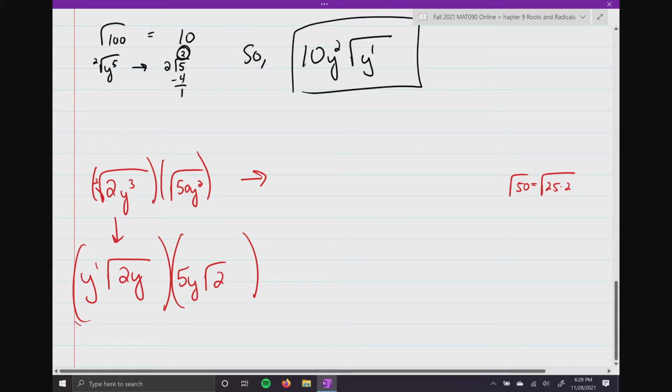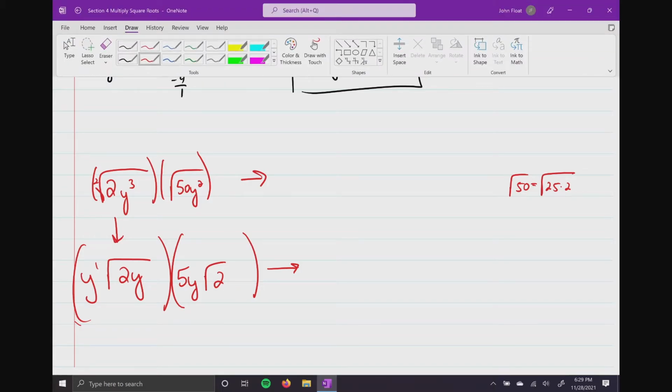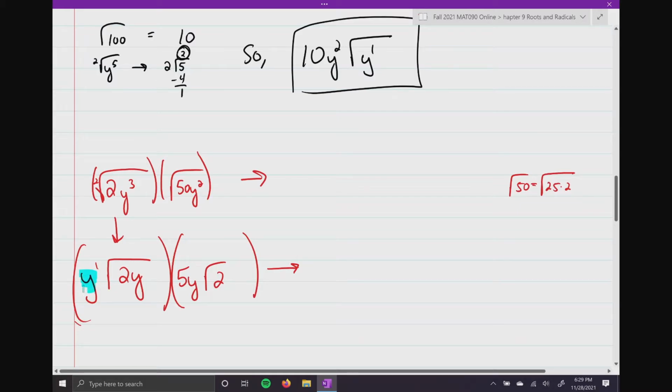So if you notice, right from the start, what I decided to do is simplify each individual radical. Now, when I go to multiply, notice I have, and I'm going to highlight so you can see exactly what I'm talking about, a y to the first and a y to the first. Well, that's going to be y to the second, times 5.